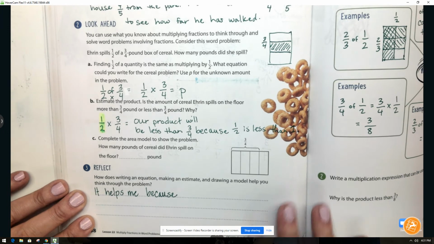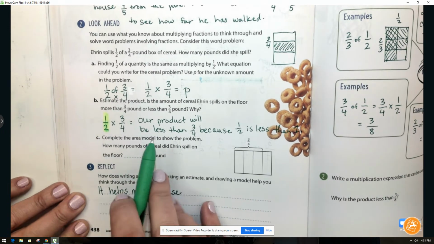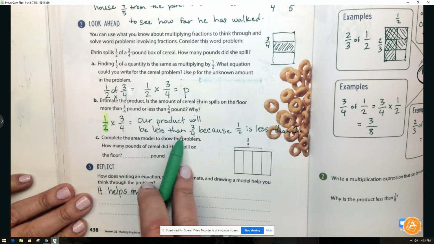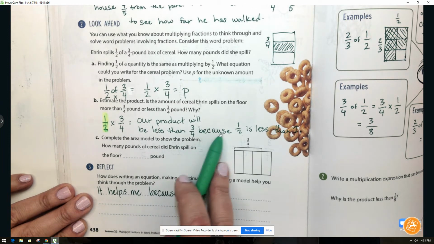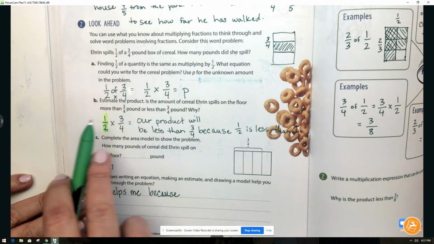Hopefully you can see that over there. So we know that our product will be less than 3/4 because 1/2 is less than 1.